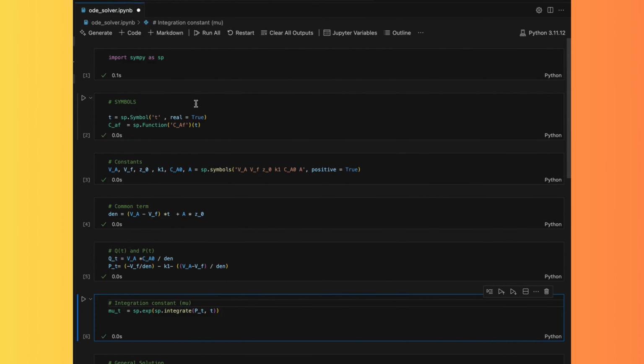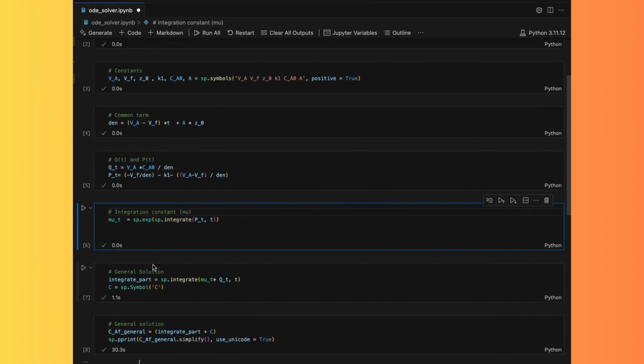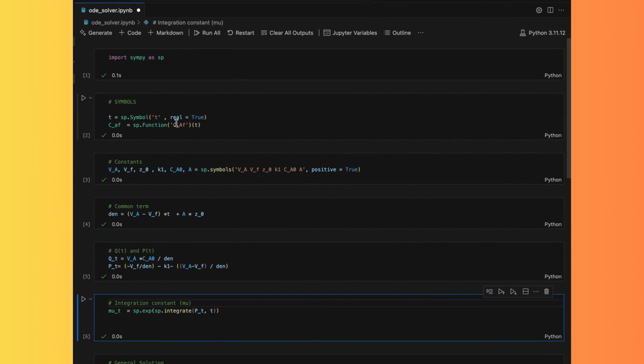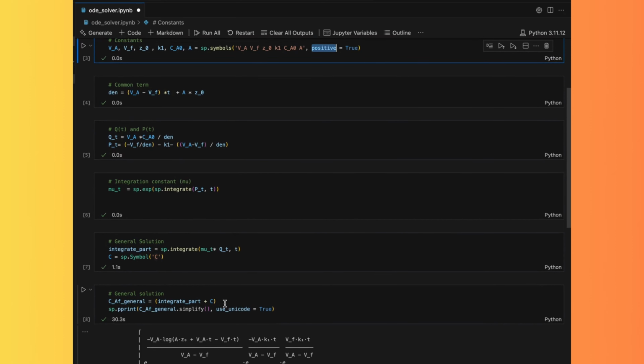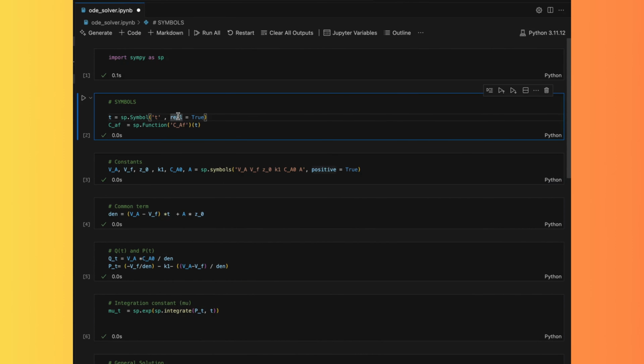I downloaded the expansion packs and ran all the cells. I forgot to explain this part. Real equals true means that t is always a real number, not an imaginary number or something.